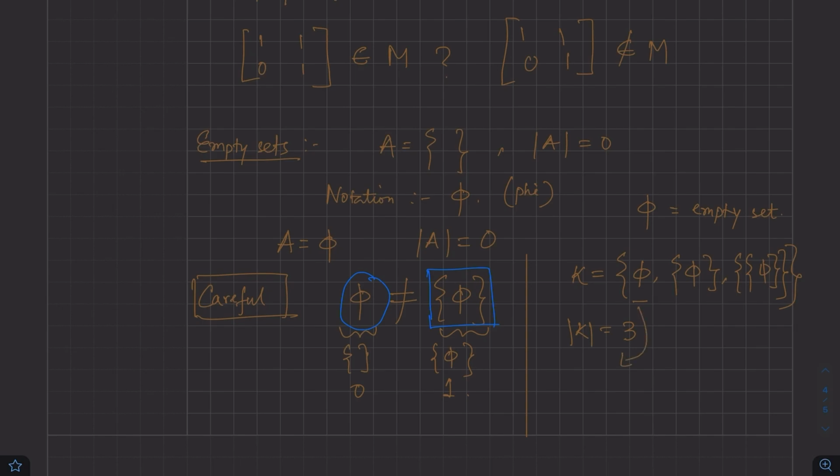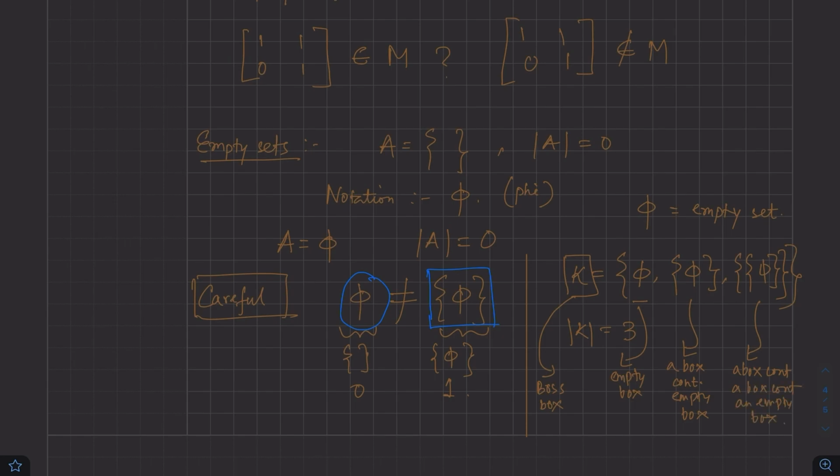An empty box. This one is an empty box. This, let's say, is the boss box. So the boss box contains an empty box. It contains a box containing an empty box. And the third element is a box containing a box containing an empty box.